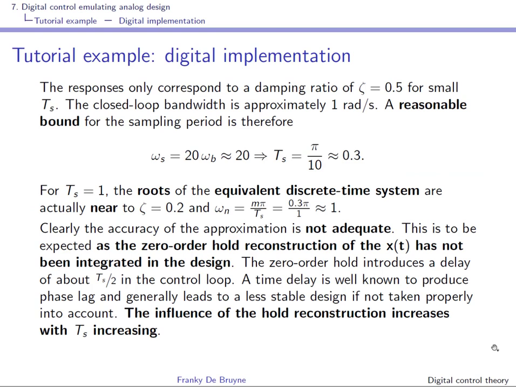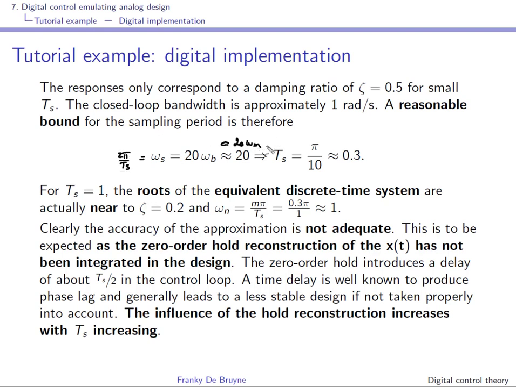Let us find a reasonable bound for the sampling period by considering the rule of thumb that we had used before, that the sampling frequency is approximately 20 times the bandwidth of the system. We approximate the bandwidth by approximately 20 times the natural frequency in closed loop, which is not the same, of course. This is 2 pi over TS.